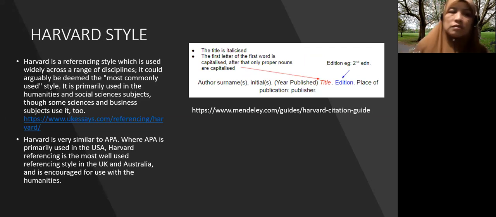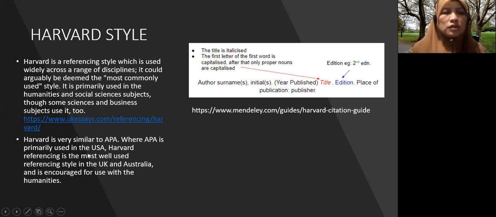All right, now we go to another style. I have not been using this style very much, but this is one peculiar style, the Harvard. That's why it is called Harvard style. Yes, there is some similarity with the APA style, but then you will find that there is a specific way of arranging it.